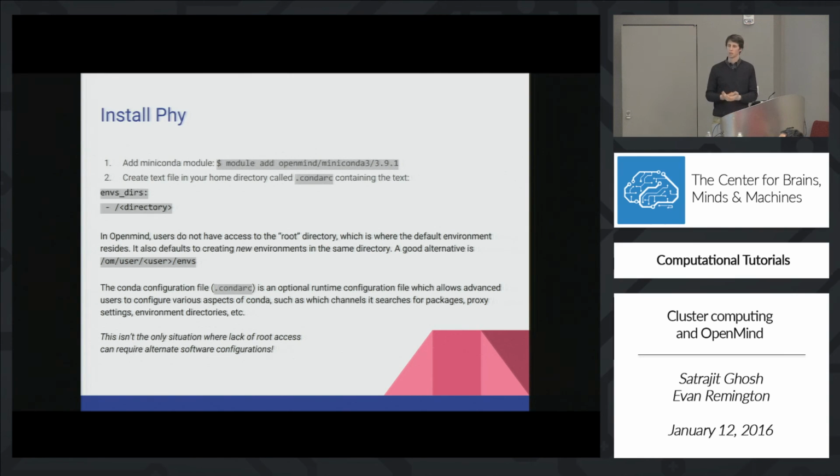This is basically because as users of OpenMind, you don't have root access. And there are a lot of tools or applications that you may want to use that require root access. So in those cases, we have to come up with workarounds. And this is actually a relatively simple workaround. We just create an environment in our user space and install our software there.